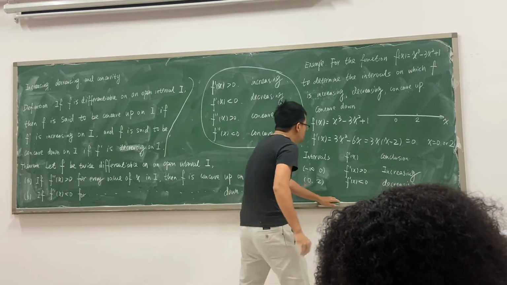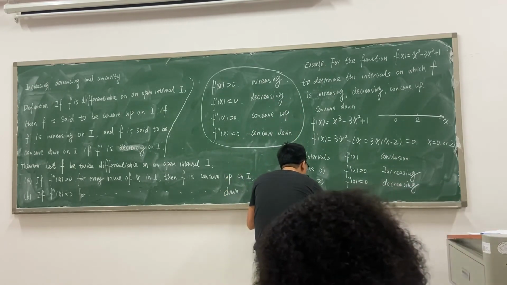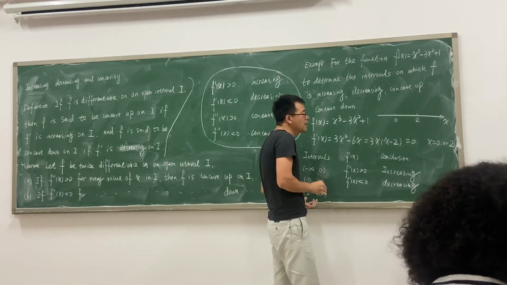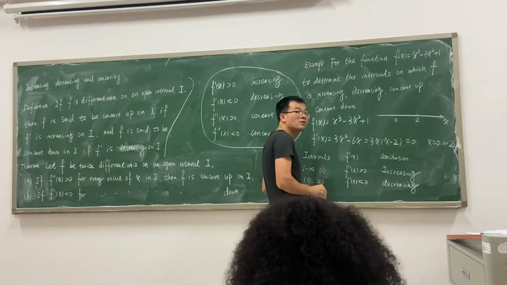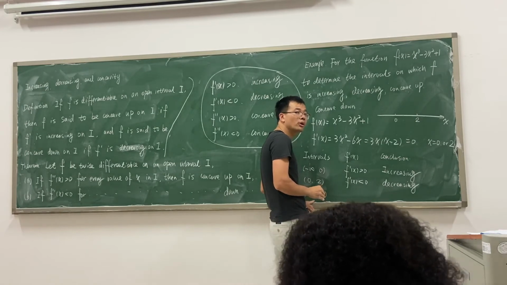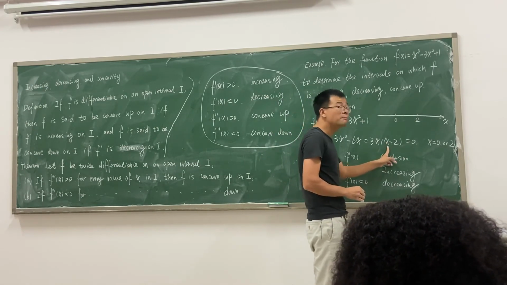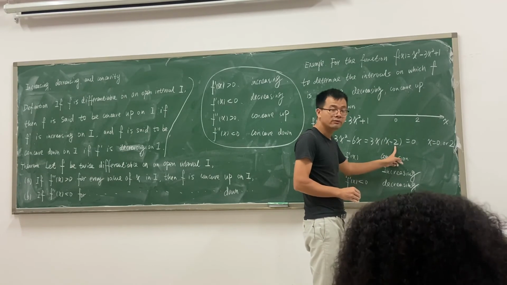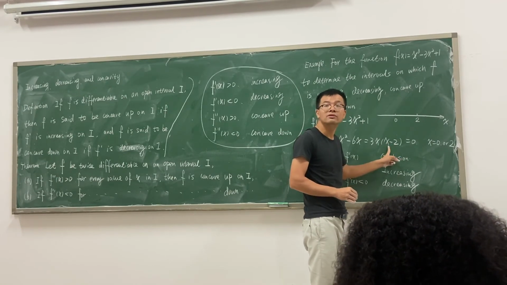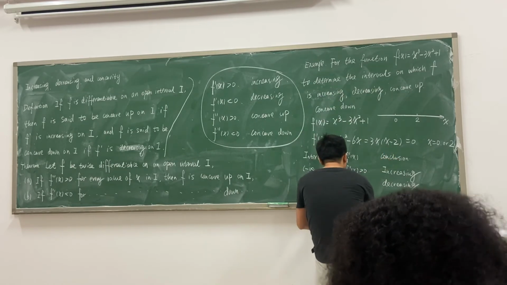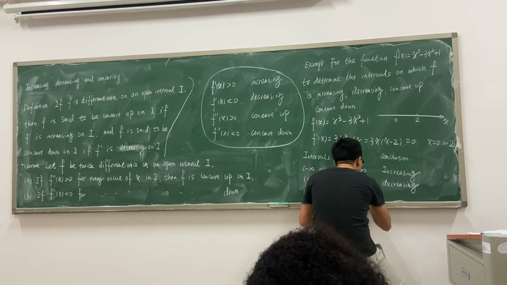And the third part is 2 to plus infinity. Here you also choose a number, for example 3. So 3 is positive, and 3 minus 2 is 1, positive. So positive times positive is positive. So f prime is greater than 0.